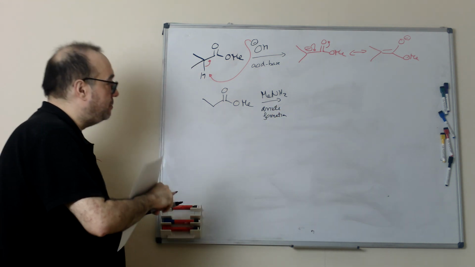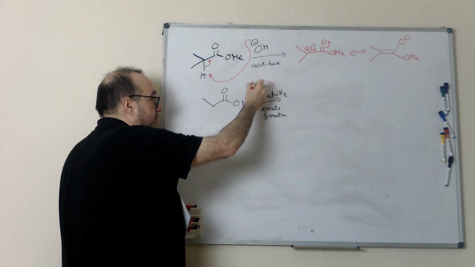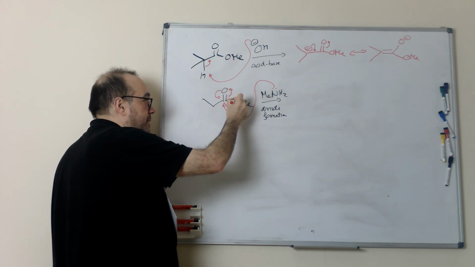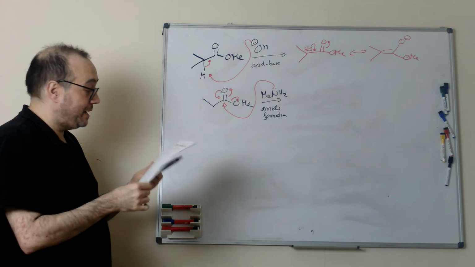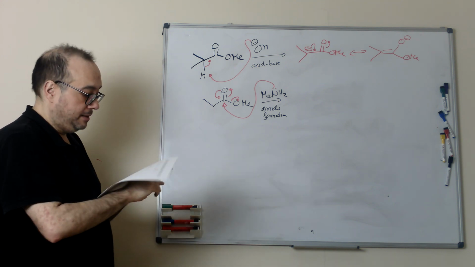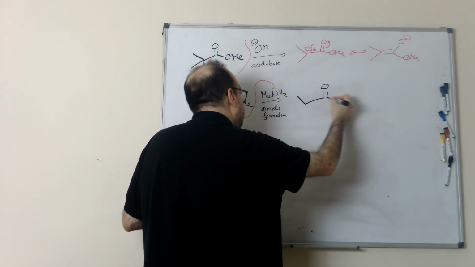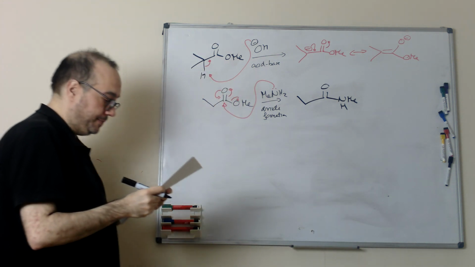That means that basically the pair of electrons of the nitrogen will attack the carbonyl, addition, elimination. I am not doing all the mechanisms. You can do it at home, it's a very good exercise. And what we will get is the amide.